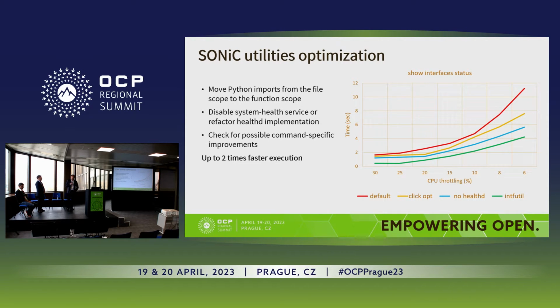And finally here, we chose one of the most commonly used utilities. As you know, in SONiC there are many ways to configure SONiC and to check the status. We just chose the show interface status command, and we decided to play with it to understand the common problems in the user interface.